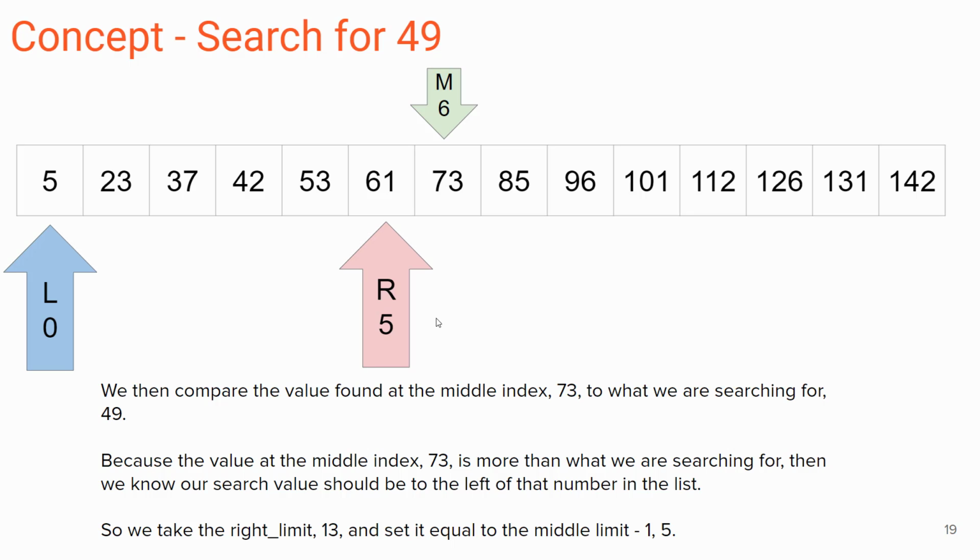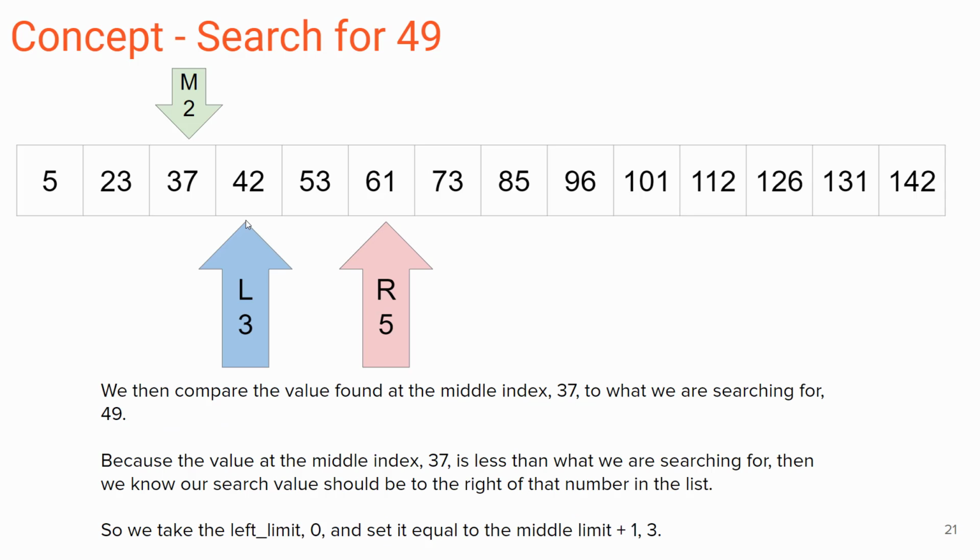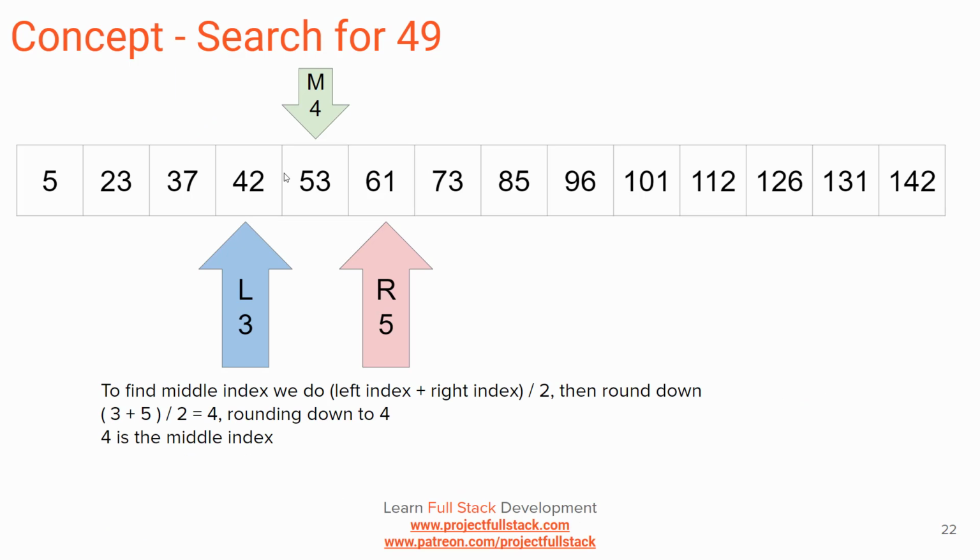Do a comparison. 49 is less than 73, so we move our right limit over 1 past the middle. Recalculate our middle, which is now 2. Do a comparison. 37 is less than 49, so I need to move my left limit 1 past middle. Recalculate my middle. Okay.